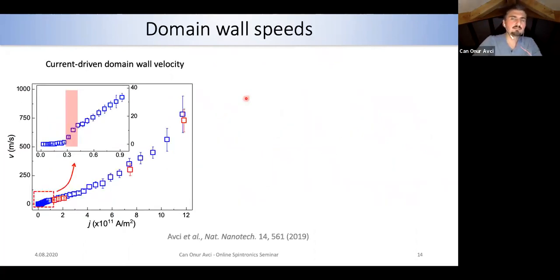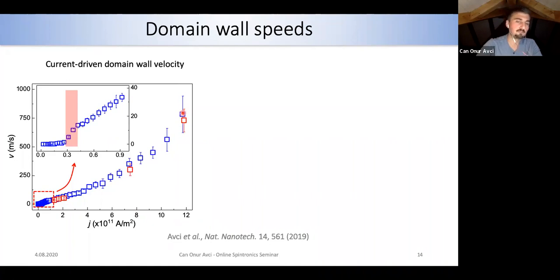So one more slide, maybe, on this topic is the domain wall motion, so domain wall speeds. Here I'm showing you the velocity versus current density, and there are several things you can appreciate. First, even though I'm injecting relatively modest currents, the domain wall velocities could reach 800 meters per second.